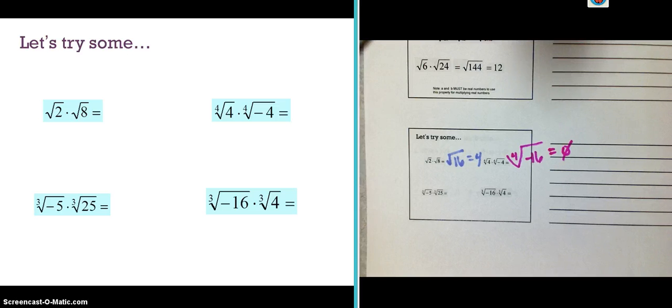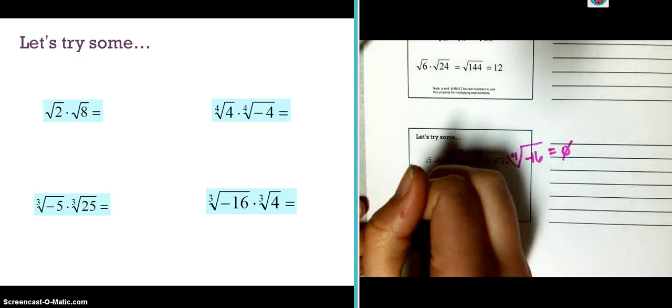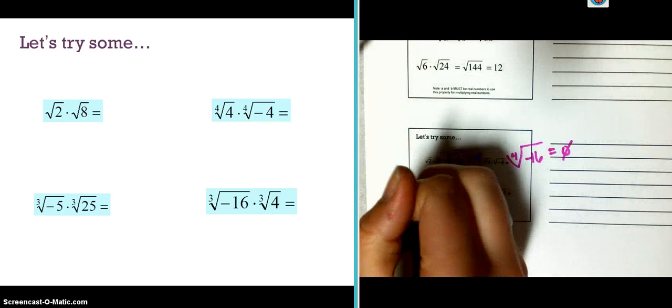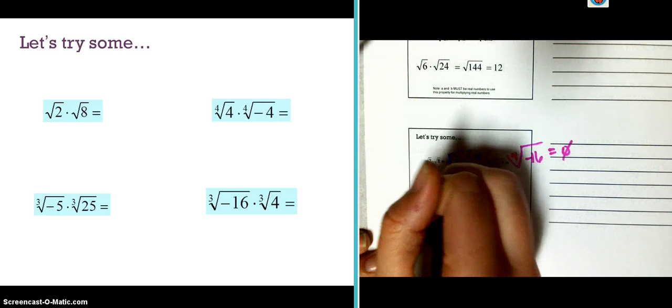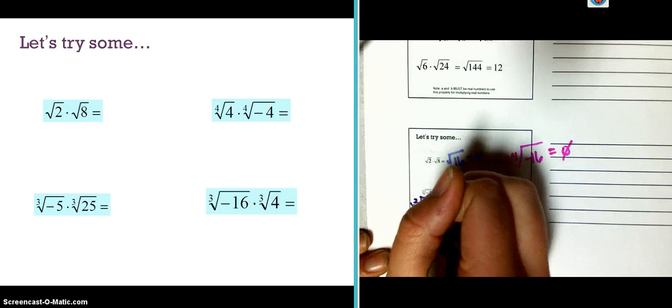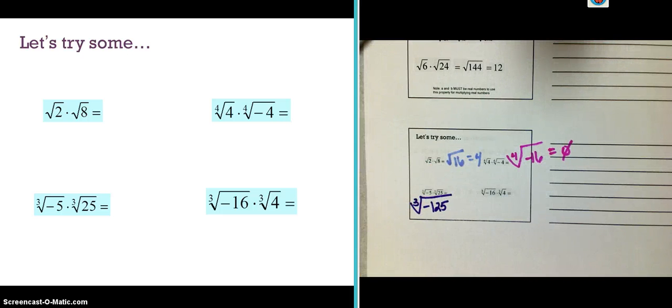Next we have the cube root of negative 5 times the cube root of 25. Well, negative 5 times 25 is negative 125, so we have the cube root of negative 125. And we can have a negative under the radical if it is odd.